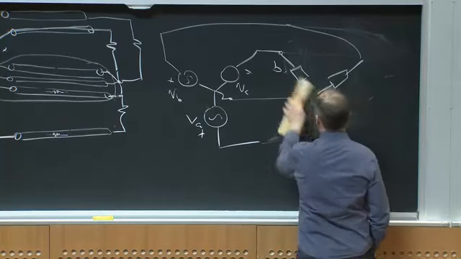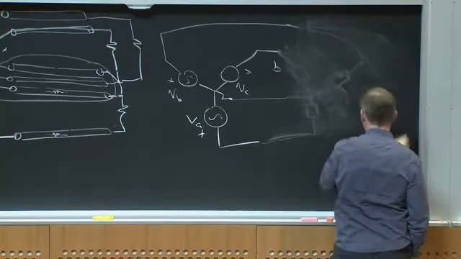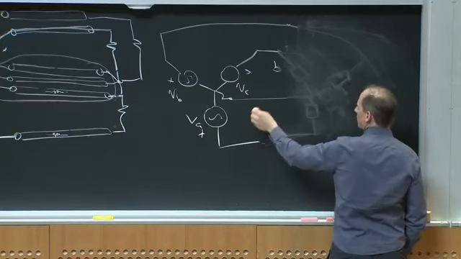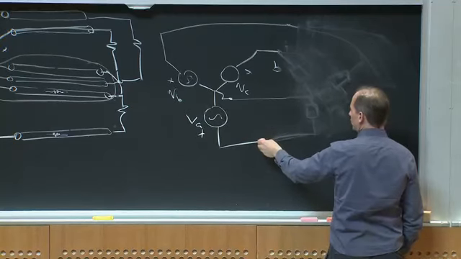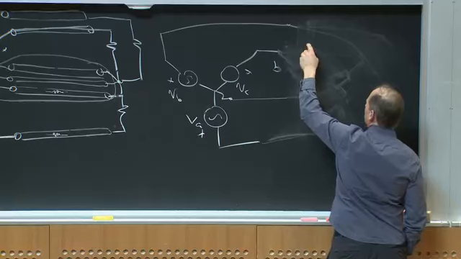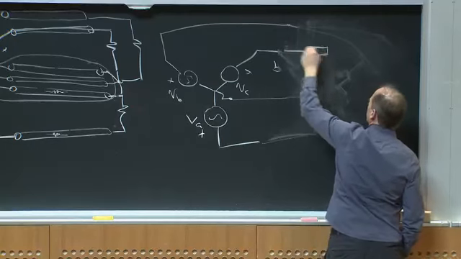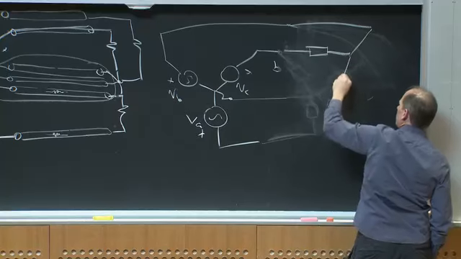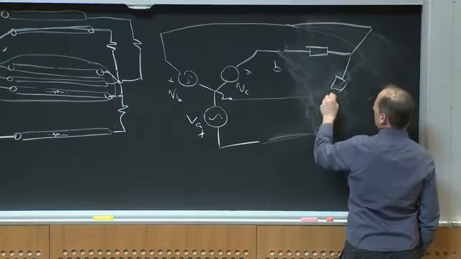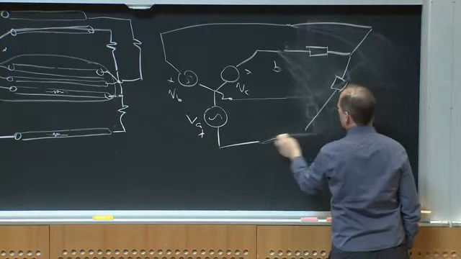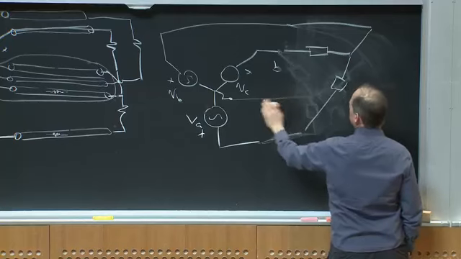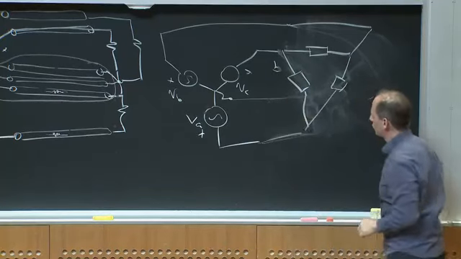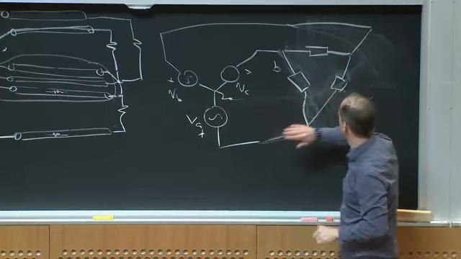Let me do the delta connected load. It's actually easier to see in delta. It applies either way, but suppose I do this. I have some load here, and then I connect another load here, and then the last load here. So there's no neutral point connection in this thing.